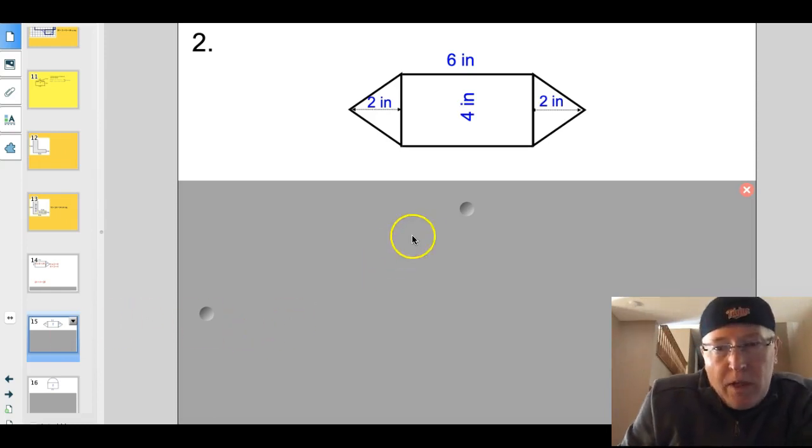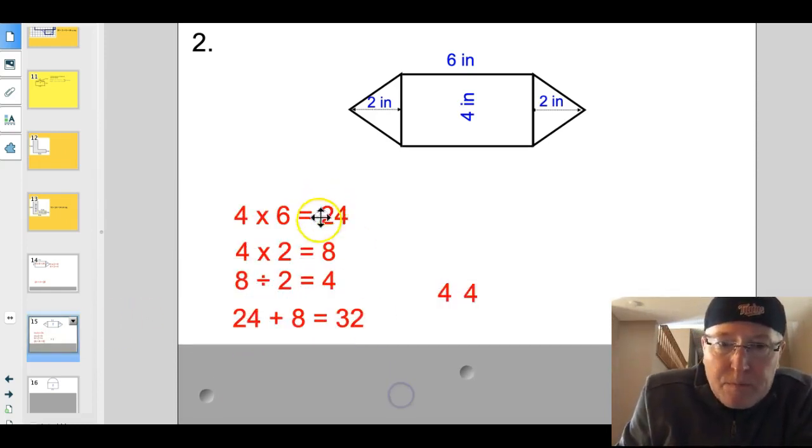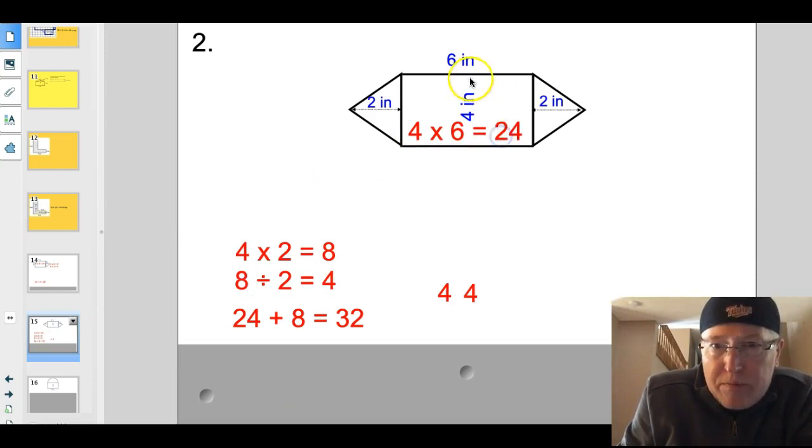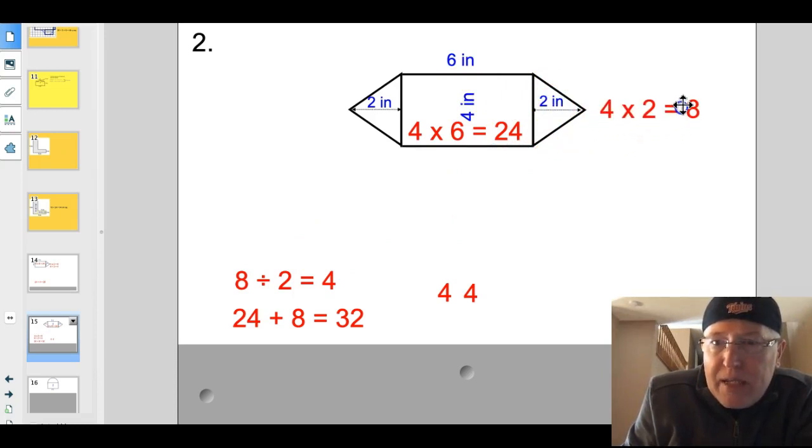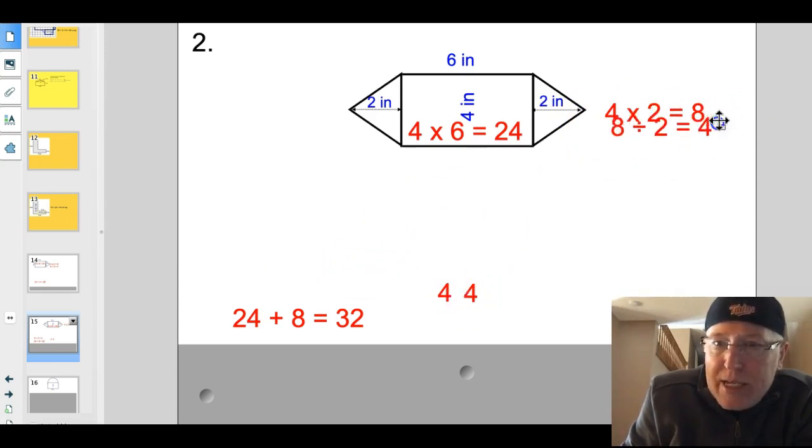All right, well, we already know some of this stuff. We already know that this is 24. Use the 4 times 6 for that rectangle. And we already figured out this guy here. We knew that 4 times 2 would give me 8, but then I have to cut that in half to get the 4. Right?